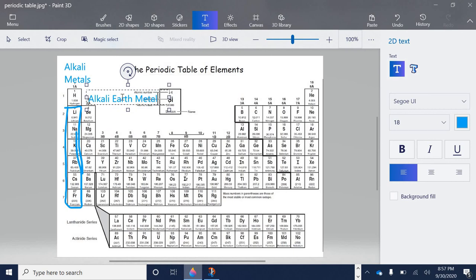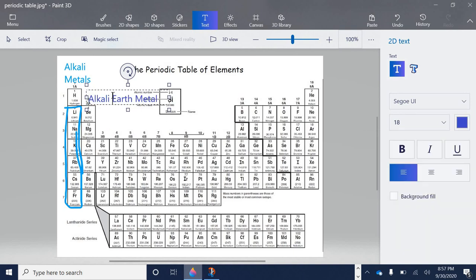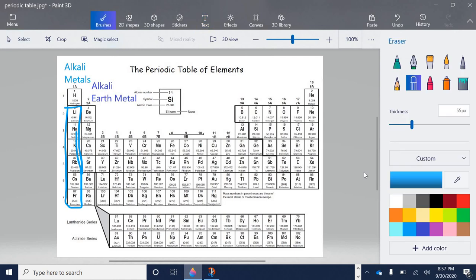Alkali metals are more reactive with certain things like water and oxygen than alkali earth metals are. But both are groups of metals. They're soft and shiny and tend to react fairly easily with various chemicals. So let me box that one in a darker blue color. We got alkali metals and alkali earth metals.